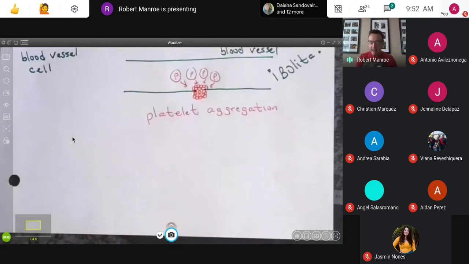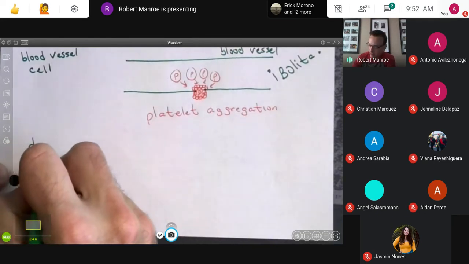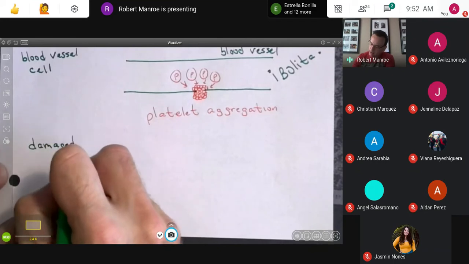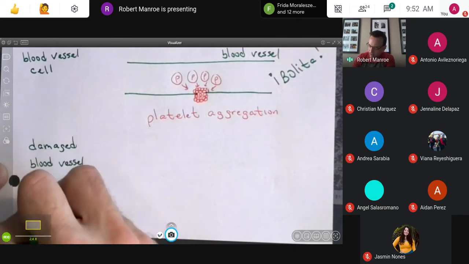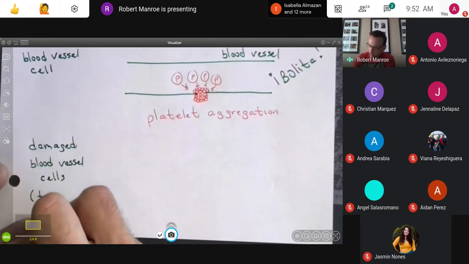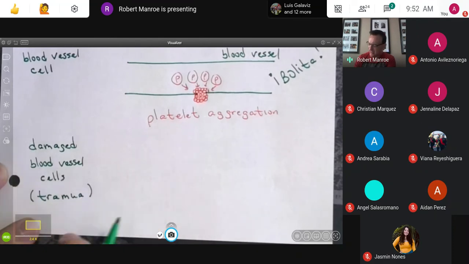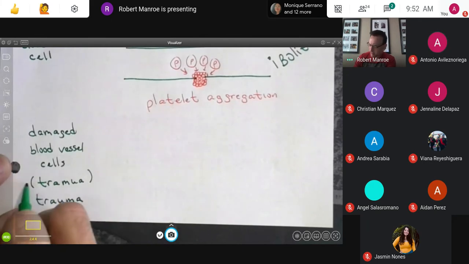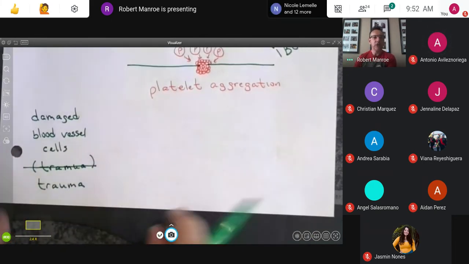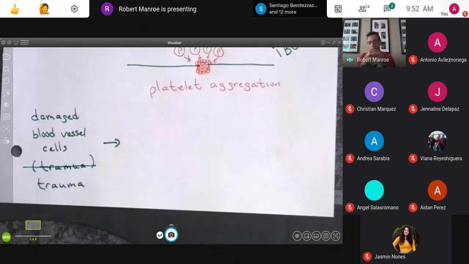Okay, so understand that this is a step-by-step process, but what has to happen first is you have to have damaged blood vessel cells, what we call trauma. Trauma, T-R-A-U-M-A. I should have read more as a child. Okay. So this causes the blood vessel cells to rupture.